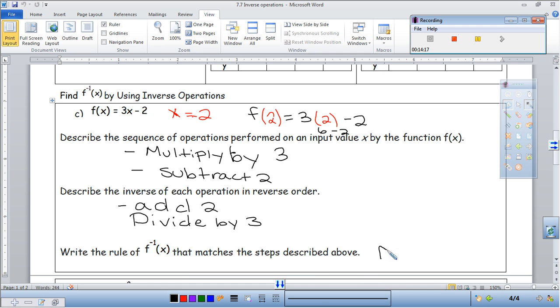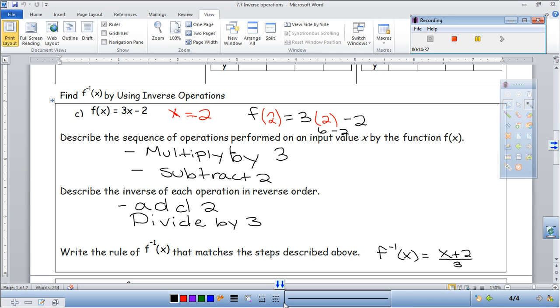So I'm going to have the inverse of x, my inverse function, equals my x value, which I don't know. I'm going to add the 2 first. And then I'm going to divide everything by 3. Any questions over that?